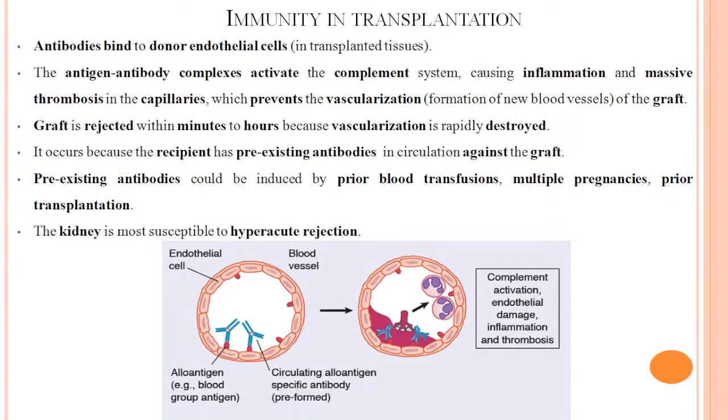Why? Because you remember that any individual has his or her own antigens. What are antigens? Humans have ABO antigens, rhesus antigens, CD antigens that are present on lymphocytes, and tumor antigens.